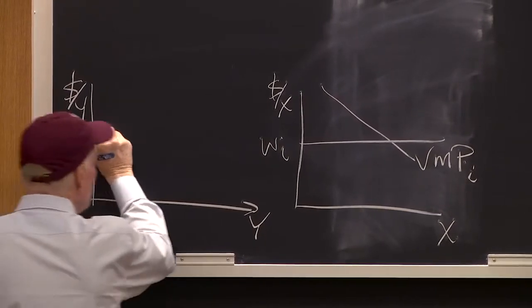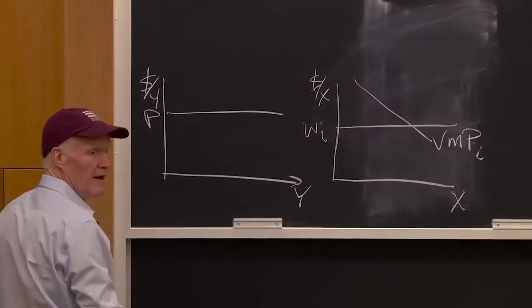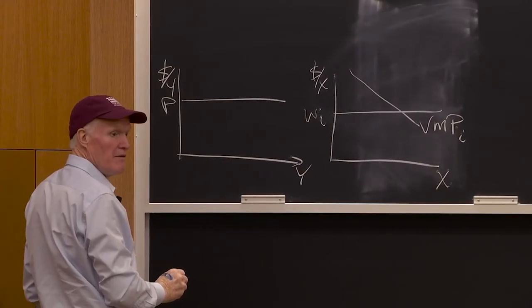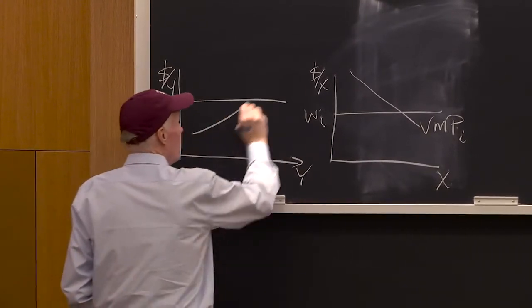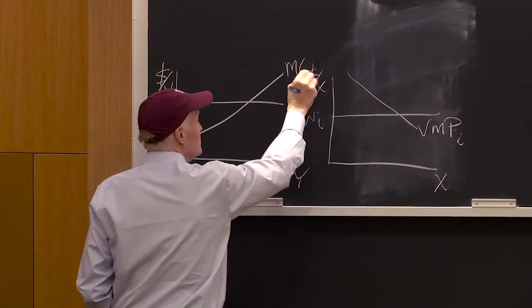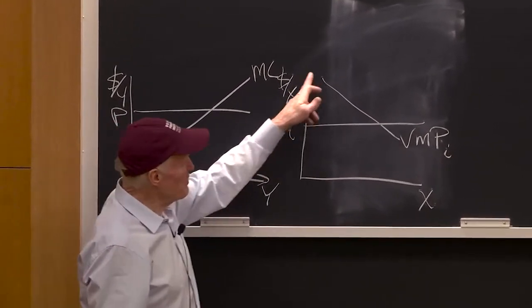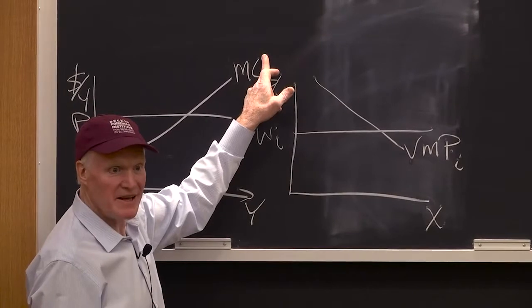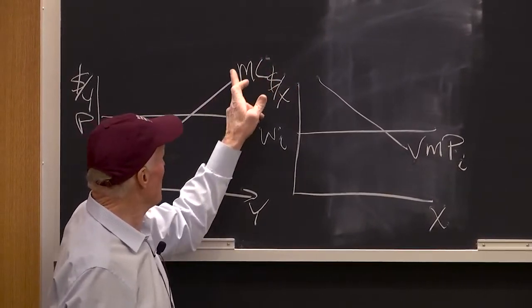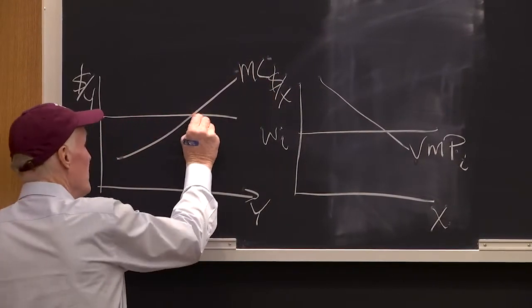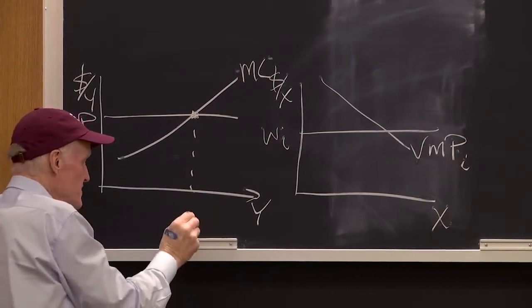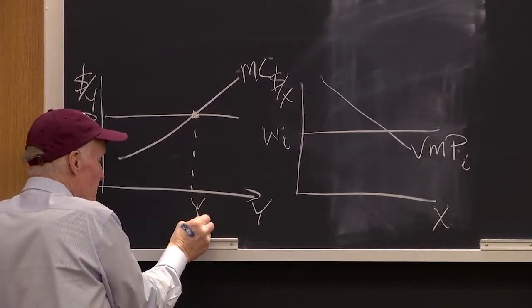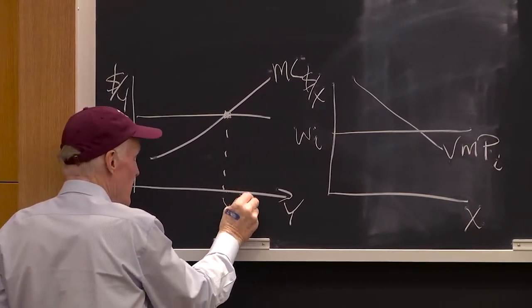Then I would have P running across, and I'd have marginal cost. Because the value marginal product is falling, marginal cost is rising. They're exactly the same, looking at the world the same way.